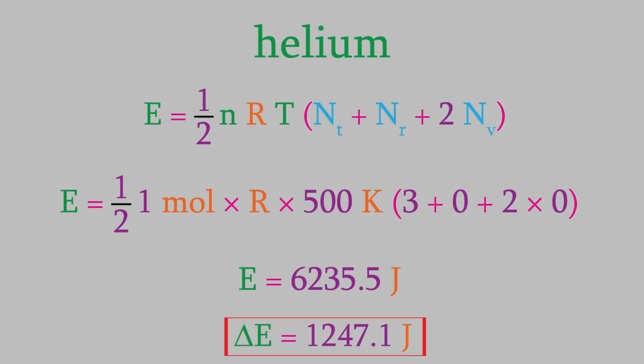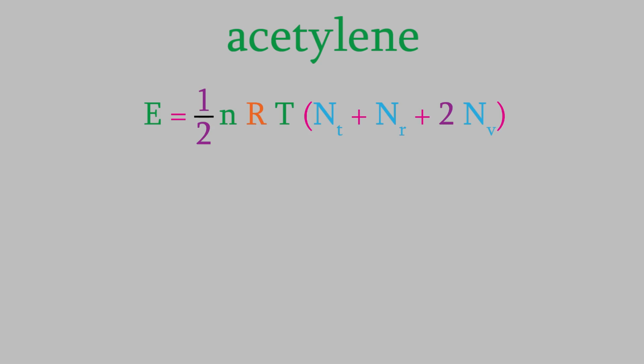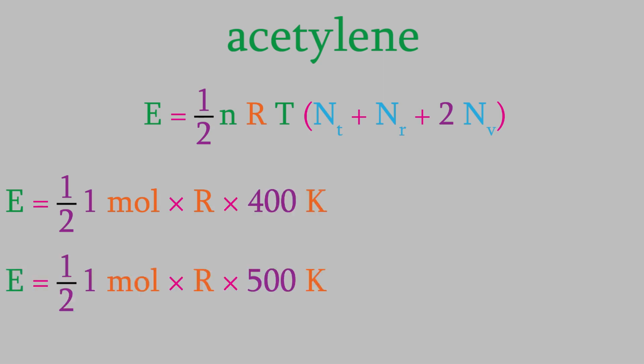Now let's try it again for acetylene. Once again, we have 1 mole, R is 8.314 joules per Kelvin mole, and the temperature is 400 Kelvin at the start and 500 Kelvin at the end. Acetylene is a linear molecule made up of 4 atoms.